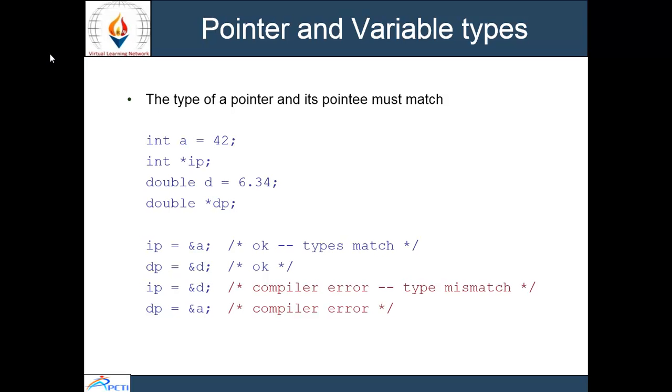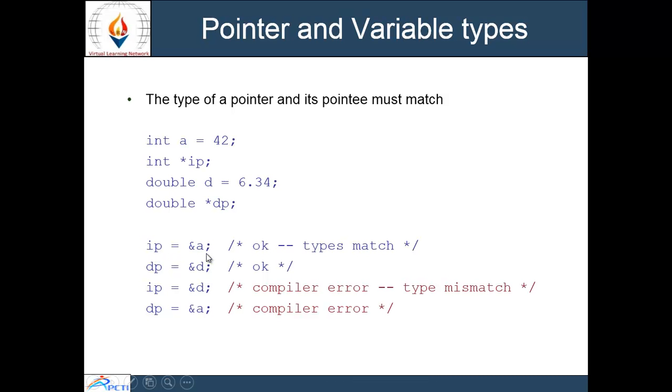For example, here I am using a variable of integer type and assigning the value 42, and then I declared a pointer ip that is integer type. Second, I am declaring a variable of double d = 6.34 and declaring the pointer *dp of double type. I am assigning the address ip = &a.